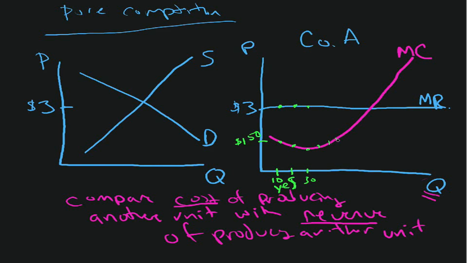Now this is an interesting part. As they move up the marginal cost line, as they increase their output in this direction, what happens? The cost is going up, but it's still the fact that the marginal revenue is greater than the marginal cost. And they keep producing so long as the marginal revenue is greater than the marginal cost.